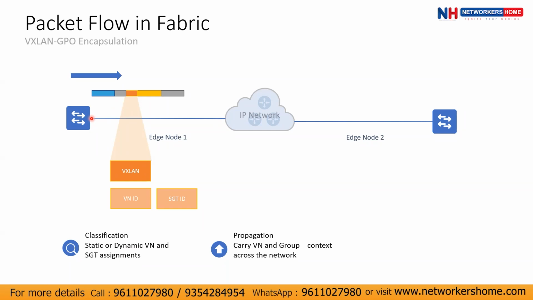Based on that, it puts the data in the VXLAN header. When it encapsulates the traffic from one fabric edge node to another, it puts the information that my VNID is this, my SGT is this. VXLAN will propagate this contextual information, so the propagation can be done with this context across the network.